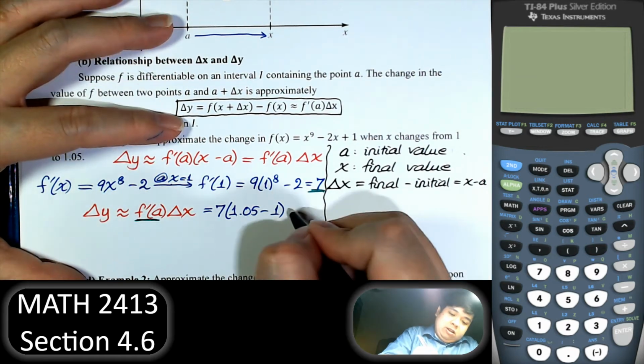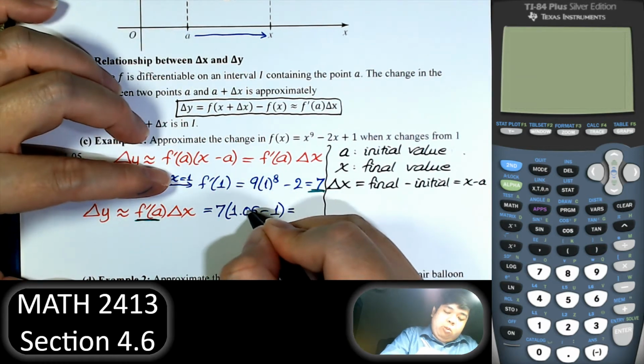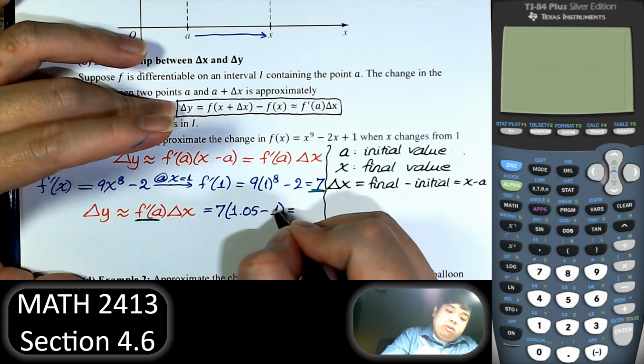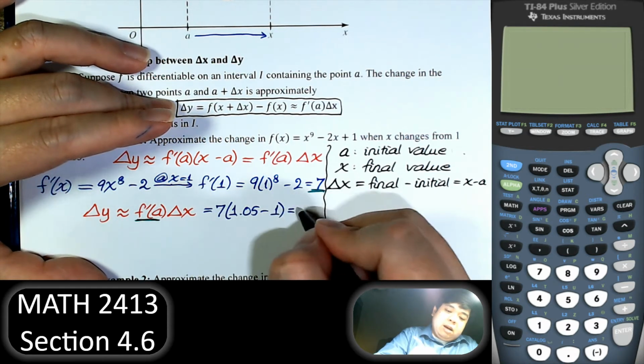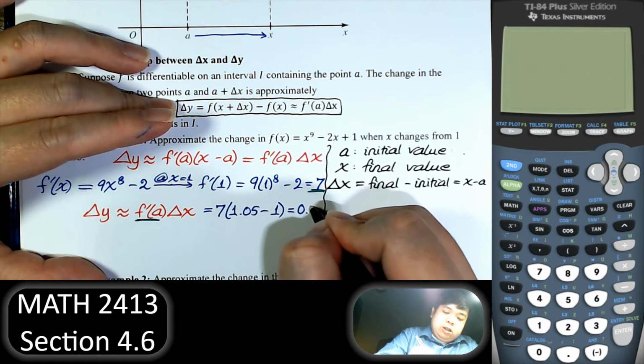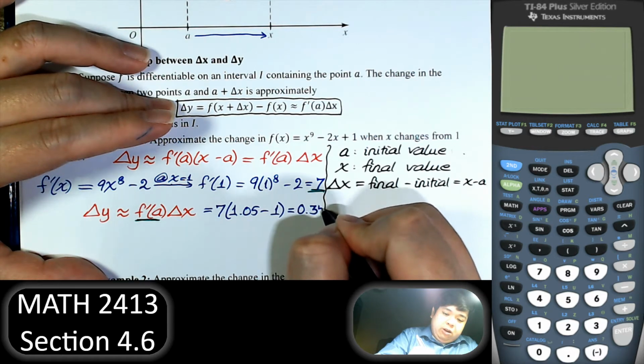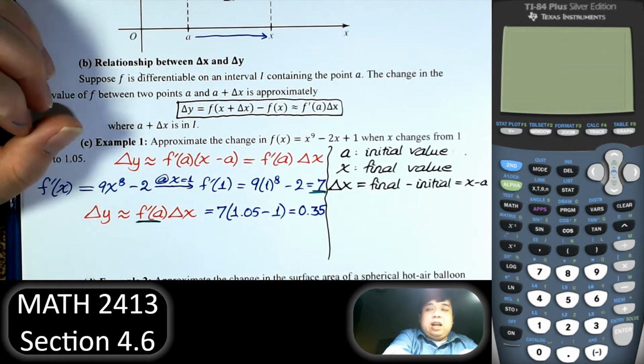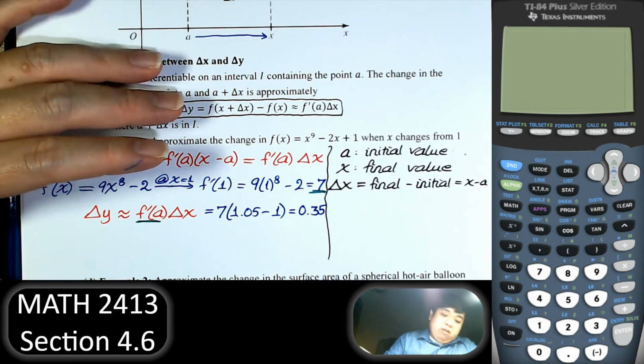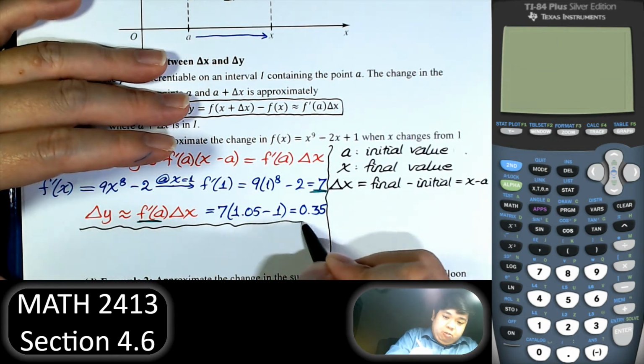So that gives us 0.05 times 7, 0.35. Like that. Simple enough, and we can do it by hand.